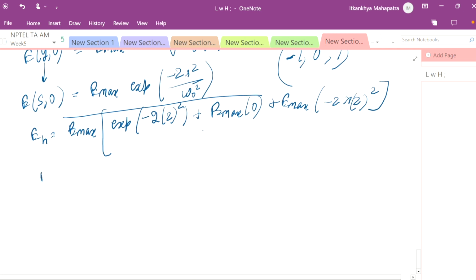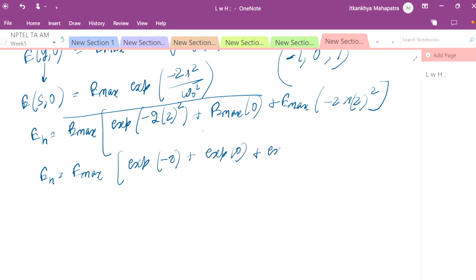Now EH is equal to Emax of exponent of, we'll solve this, minus 8 plus exponent of 0 plus exponent of minus 8.